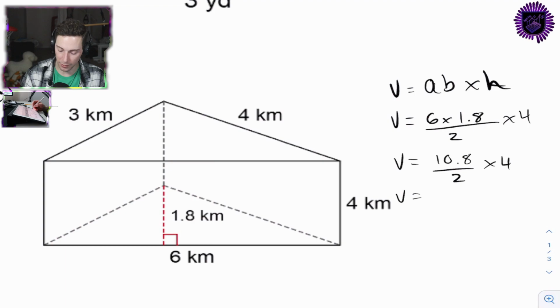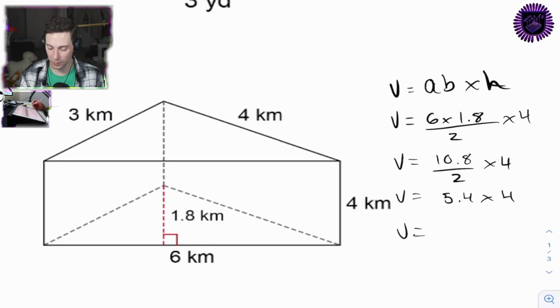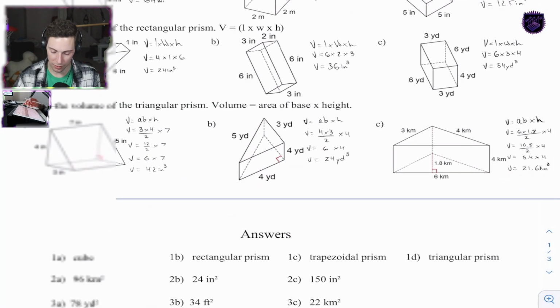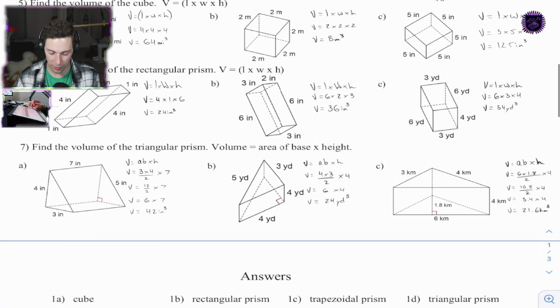The volume will be equal to 5.4 times 4, so that's 20, and then 4 times 0.4 is 1.6, 21.6. 21.6 kilometers cubed, and we can check that, 7C, 21.6, yeah.